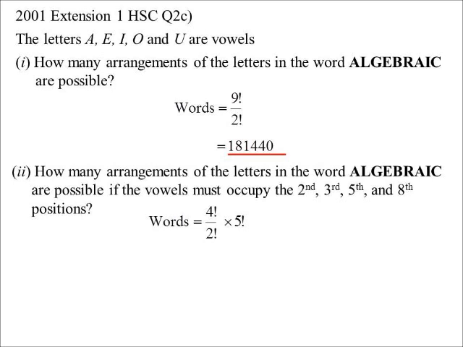Well, we got A, E, another A, and yeah, oh good. So there's no trick about I'm only going to use so many vowels. So we just need to arrange the vowels only. Well, arranging the vowels only, 4 vowels, but we have 2 A's, so we'll divide by 2 factorial. And once we've worked out the order they're going to go in, we'll just slot them into the 2nd, the 3rd, the 5th and the 8th position.